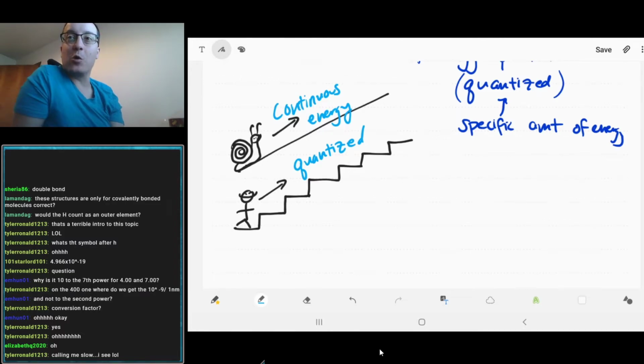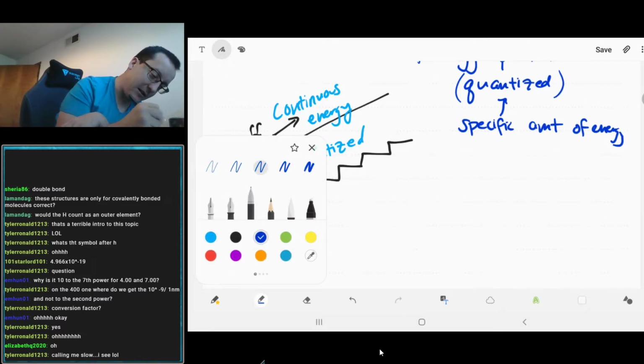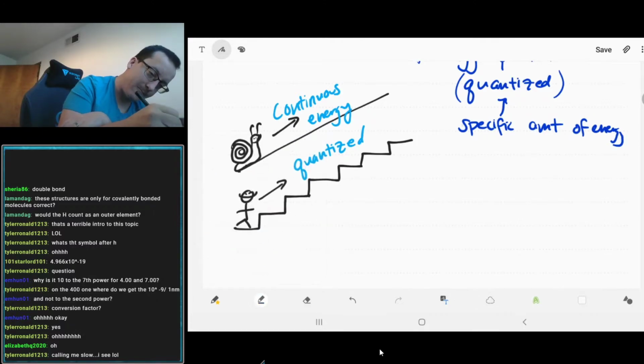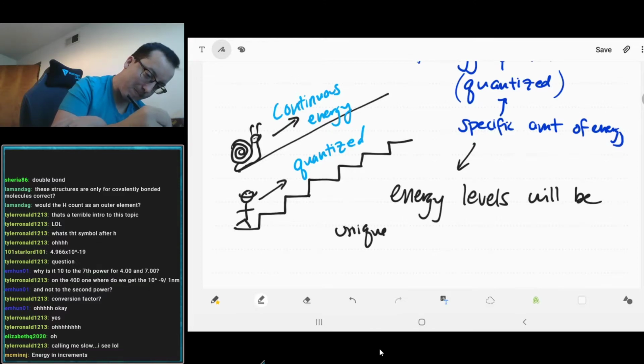Okay, so that's kind of what quantized means. It's kind of discrete packets of energy. It's not a continuous thing. There are very specific amounts in there. And so these energy levels here will be unique to each atom.